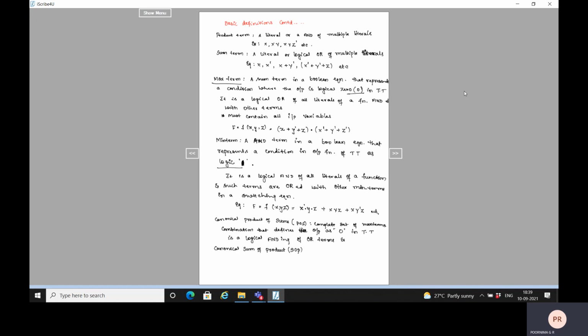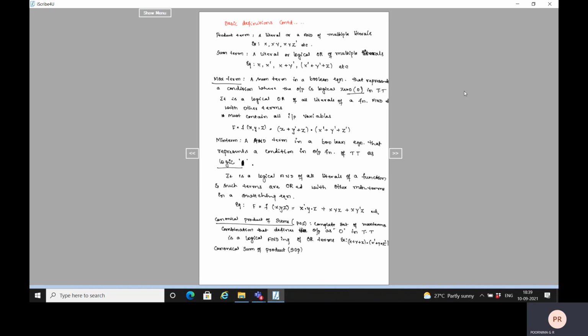Before we go into that in detail, let me give an example for the canonical product of sums: x plus y plus z, ANDed with x bar plus y plus z bar, and so on.